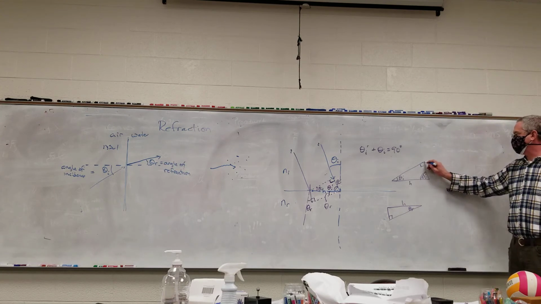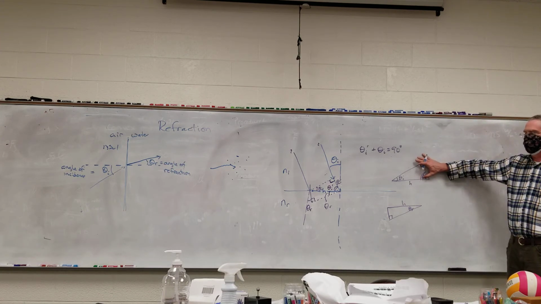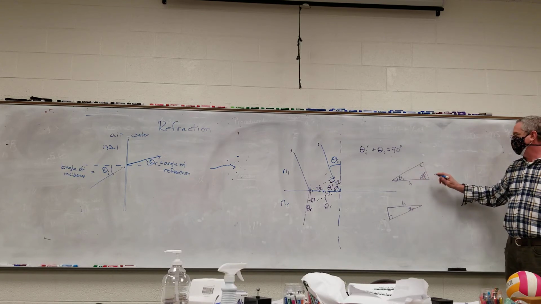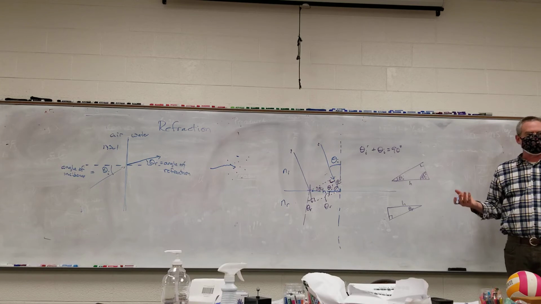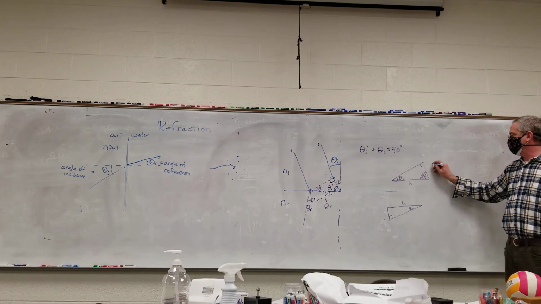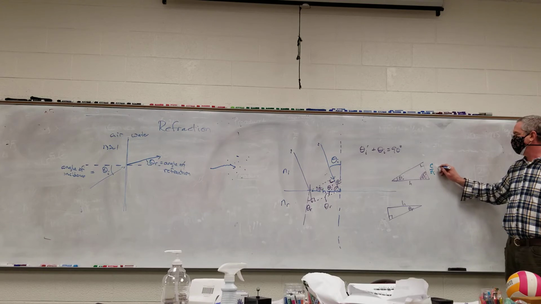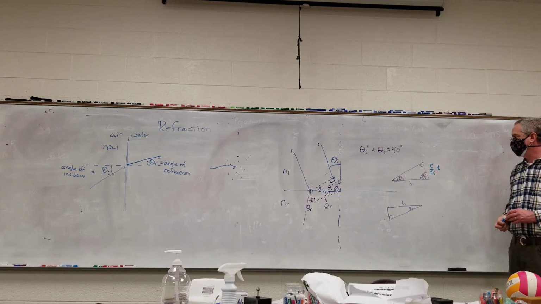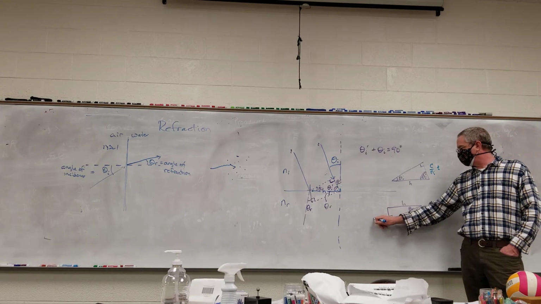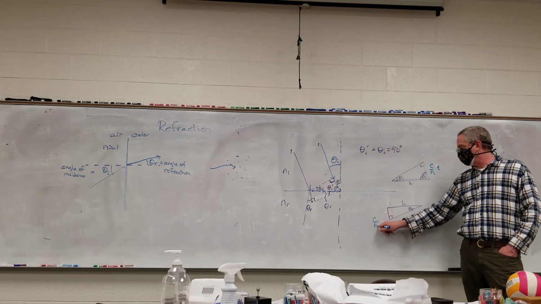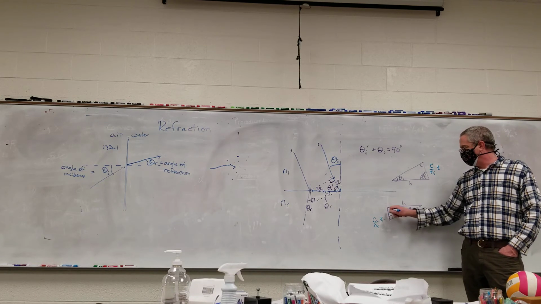So the distance, since this is in medium number 1, whatever's above this surface, is distance equals speed times time, and the speed is c over n sub I times time. Down here, it's the same amount of time, so this is c over n sub r times time. That's this distance.